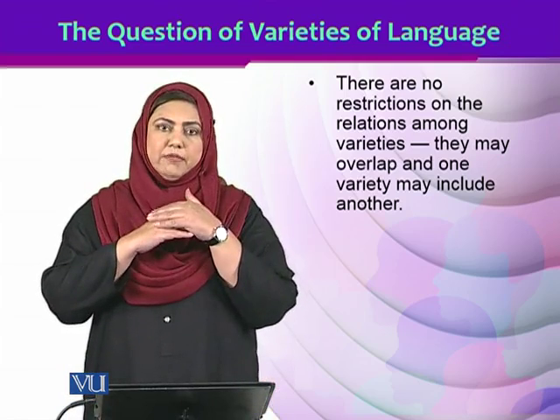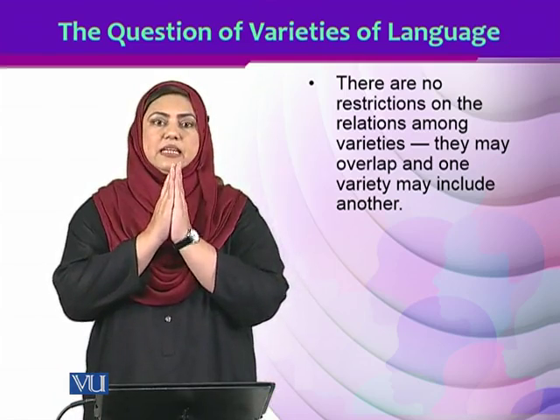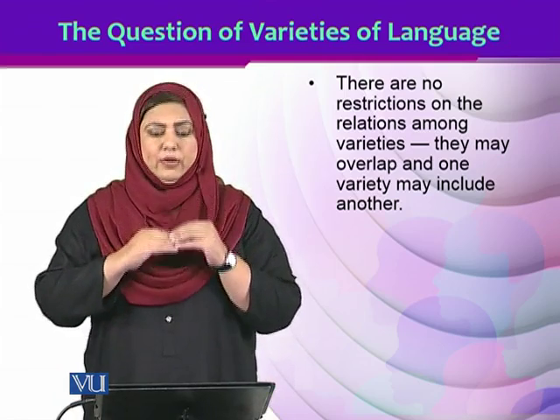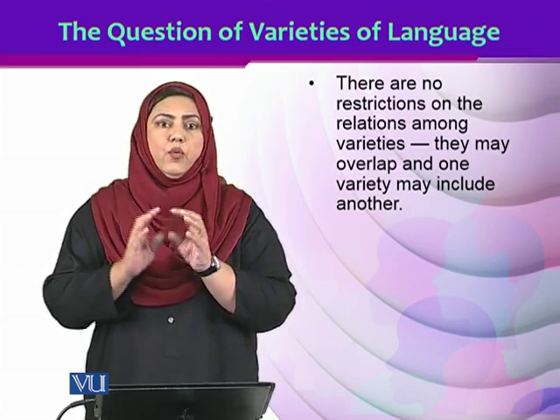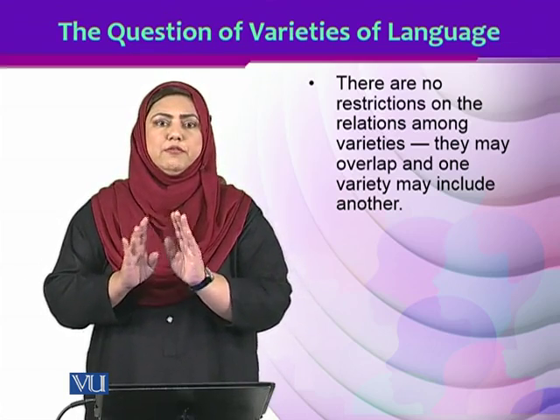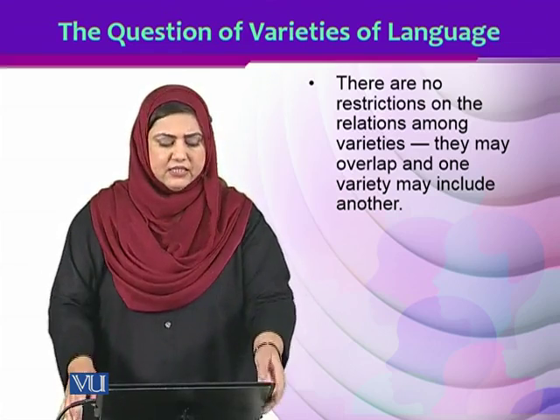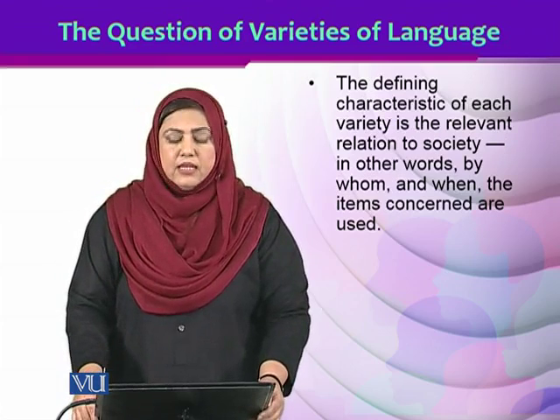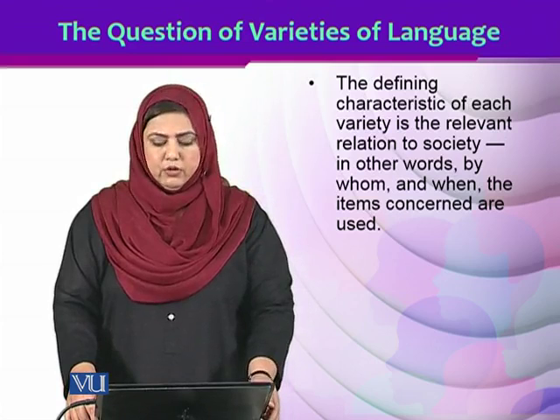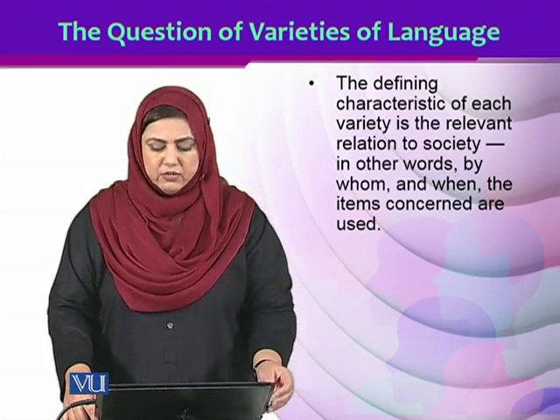One variety can overlap with the other variety. One variety can coexist, I would say, with the other variety. One variety may be included in the other variety. One variety may survive separately in isolation from the other variety. So all these possibilities are present. The defining characteristic, however, of each variety is the relevant relationship to the particular society.